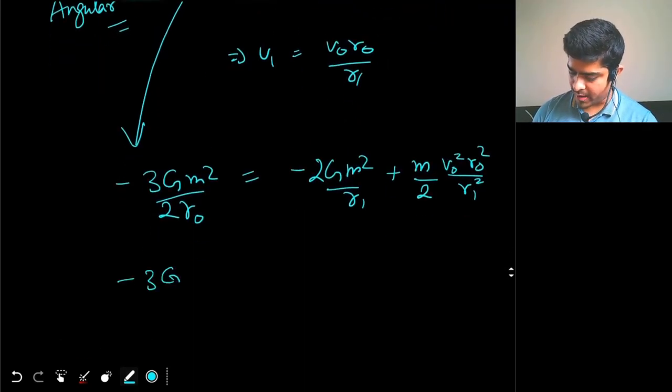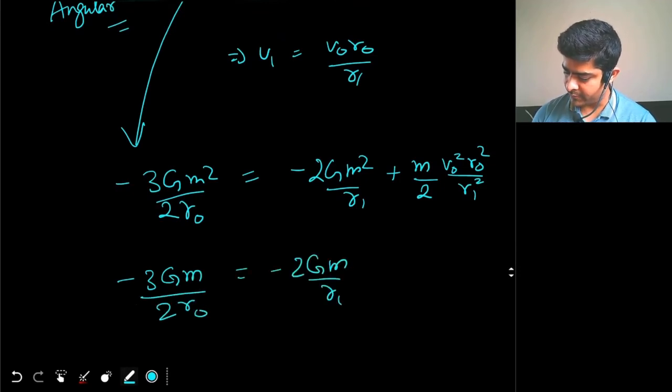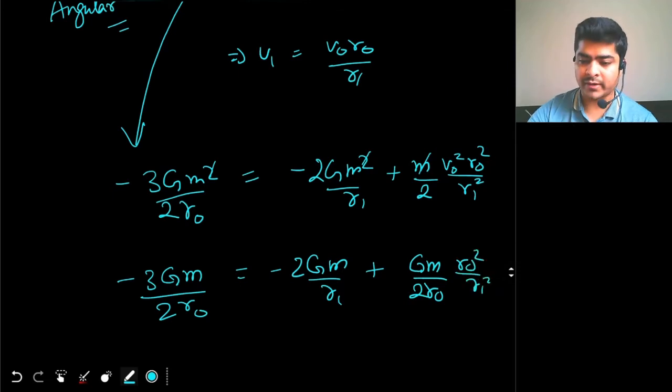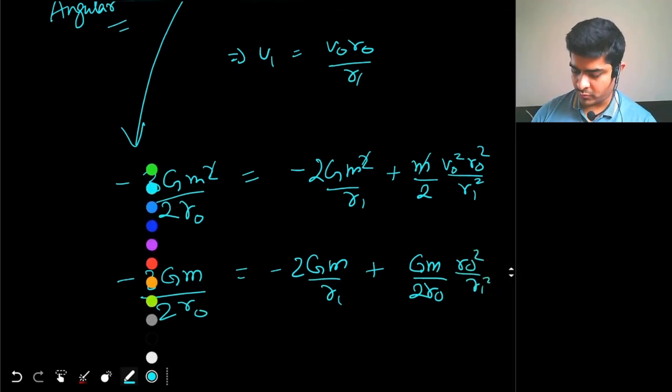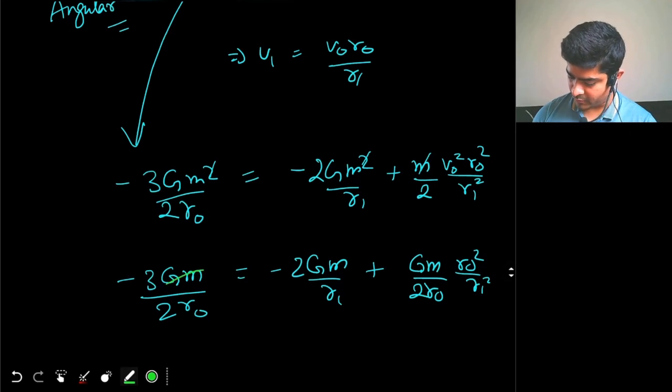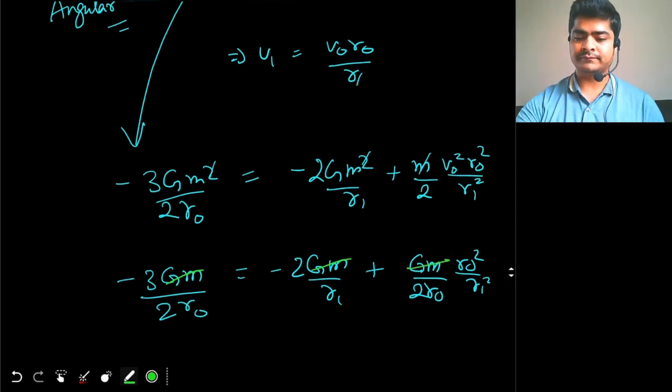Minus 3 by 2 GM by r naught equals minus 2GM by r1 plus, I cancel out all the m, and v naught² is GM by r naught. Let's cancel out GM by r naught. No, actually, r naught will not cancel out, GM will cancel out. So we have this over here now.